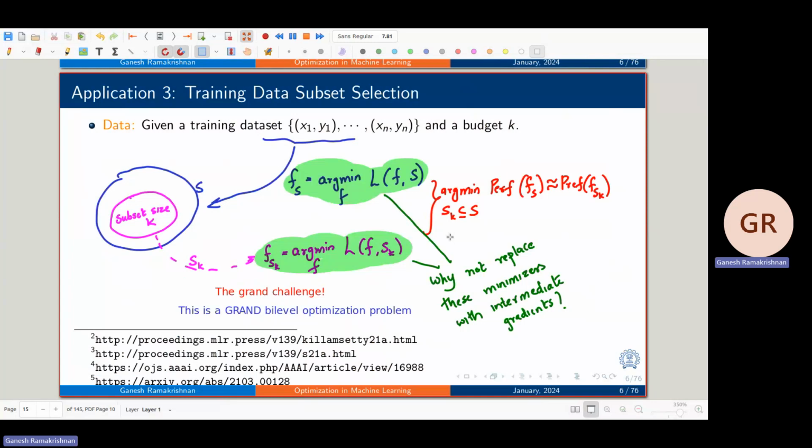So you're saying argmin over all possible SK of the distance between the performance of SK and the performance on S, where this performance itself is what?